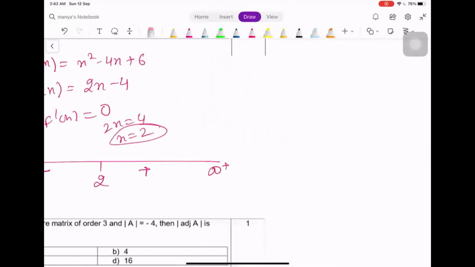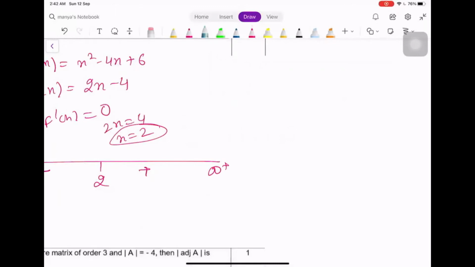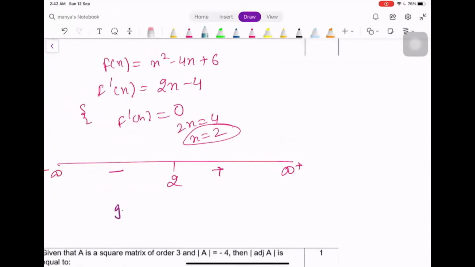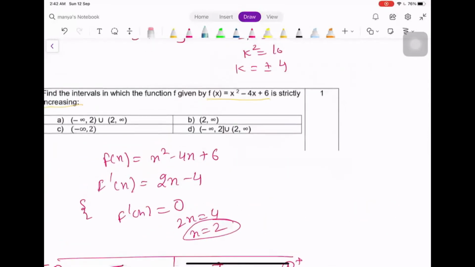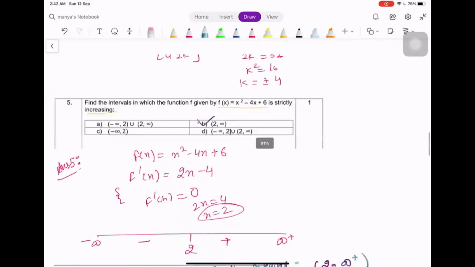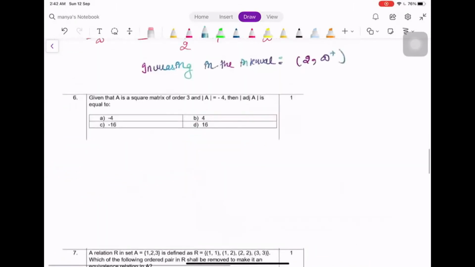So the interval in which it is increasing is 2 comma positive infinity. So the correct answer is option B. Hope this question is clear to you, and it was a bit direct question.